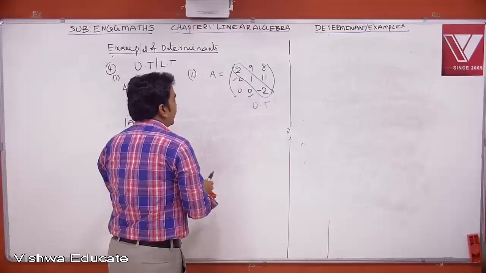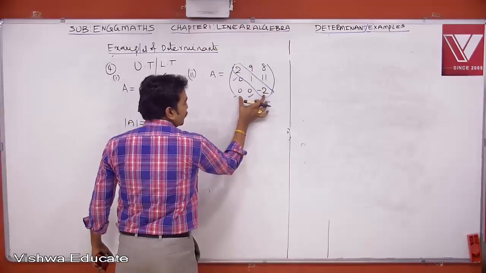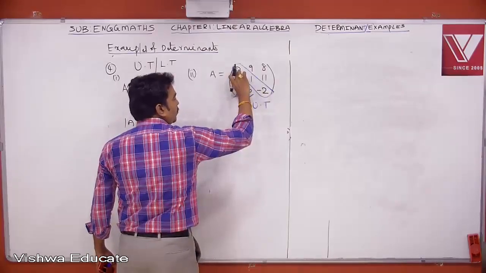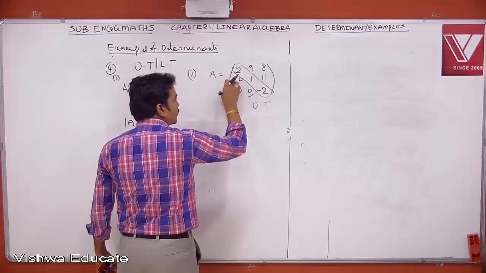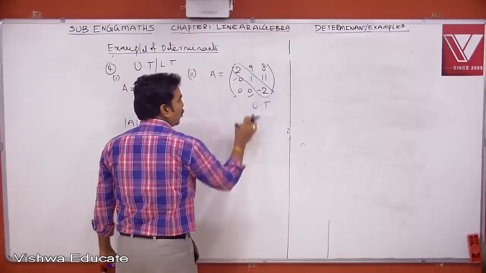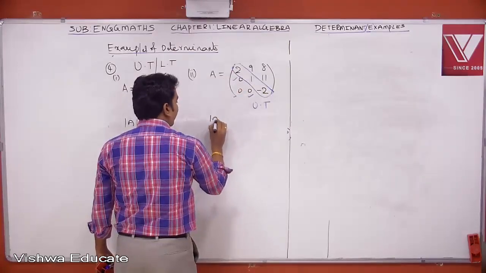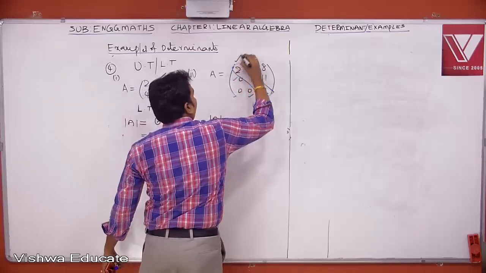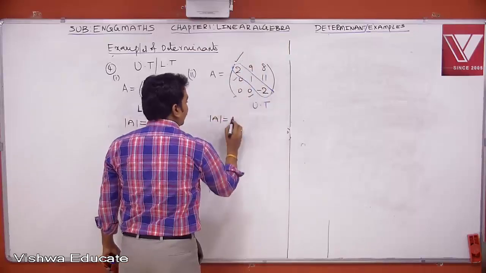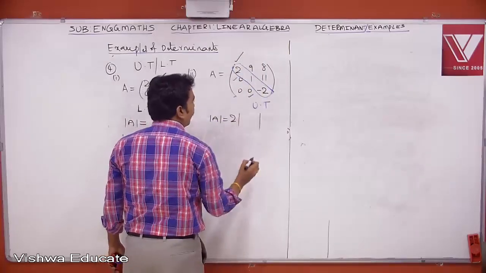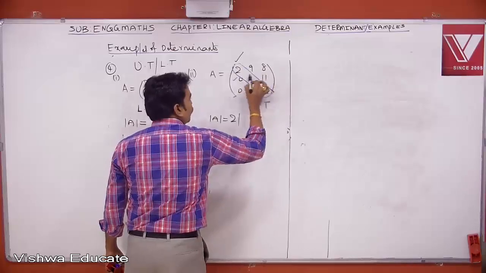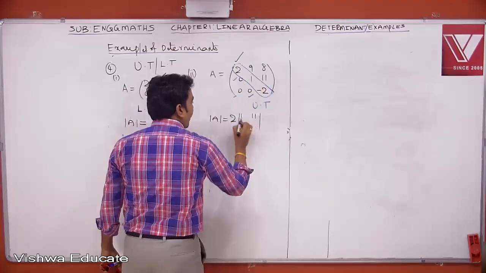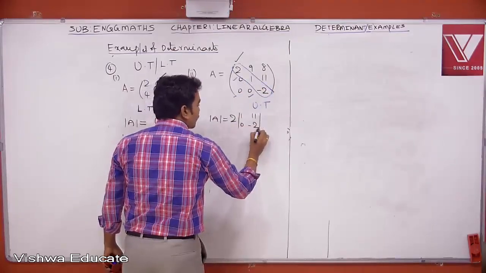Now since the last row contains majority zeros, or the first column contains majority zeros, you can expand it either using the first column or the third row. Now I will expand the determinant using the first column. So this is 2 times the determinant of the remaining 2 by 2 submatrix, which is 1, 1, 0, minus 2.